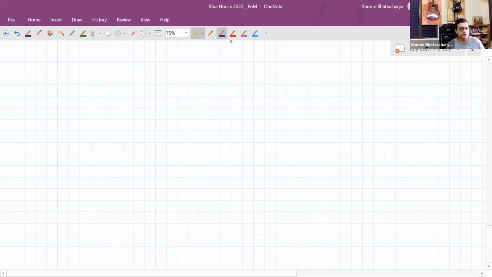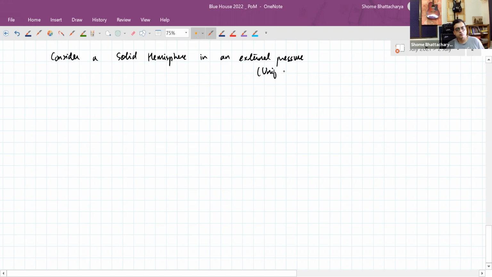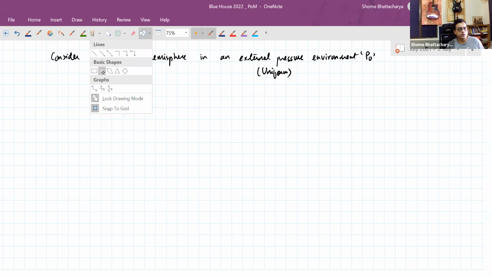If we take a different situation where we consider a solid hemisphere in a uniform external pressure environment of pressure P naught. Okay, so now this is a different situation.